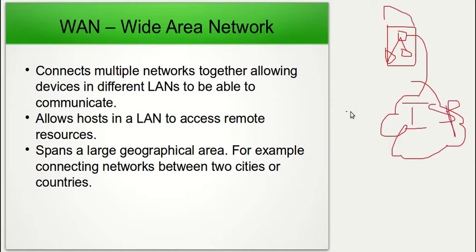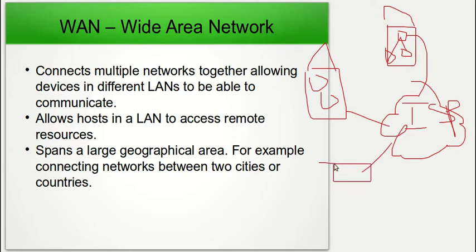And so we have multiple houses or multiple clients connecting to the ISP. In essence, because these all connect to the same ISP, devices in this home or this company would be able to communicate with devices in this house or this home. And so anybody that connects to this ISP would be able to communicate with other networks as long as they connect to this ISP.